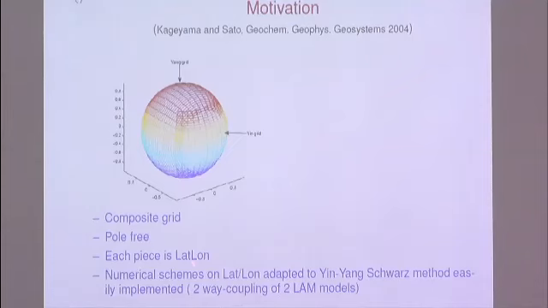So we still have lat-long, with all those nice properties: orthogonality, easy representation of operators, and most important, all those numerical schemes developed for lat-long can be adapted easily to the Yin-Yang grid. Also, the domain decomposition method or Schwarz method is easily implemented on this kind of grid. You can do it by two-way coupling of two limited-area models, a two-way nesting if you want.